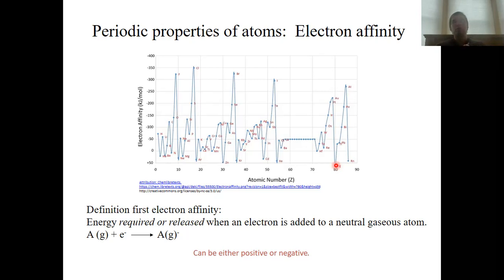And that's always the case when the atoms have a particularly stable electron configuration, such as a completely full shell in the case of the noble gases, a completely full subshell, as for example in the case of zinc, or a half-filled subshell, as in the case of nitrogen.